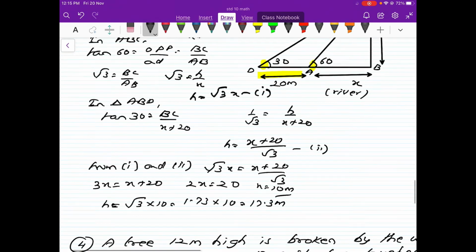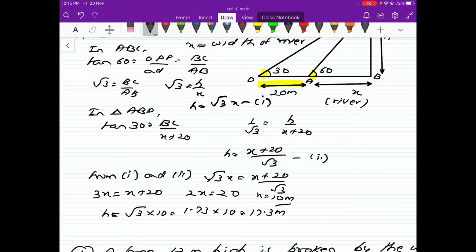So my final answer will be like this. The tree height is 17.3 meters and the river width is 10 meters. So this is all what we are doing.